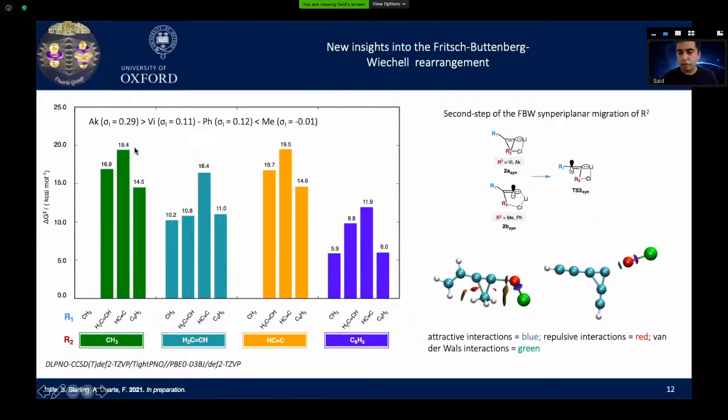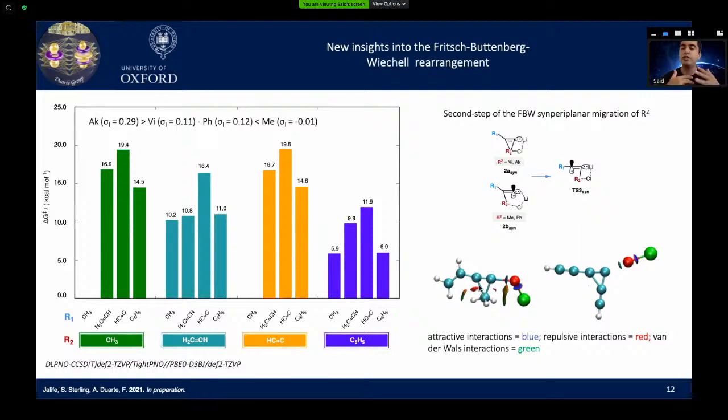But if we look at the NCI, the non-covalent interaction, we can actually see that in this step, in some cases, the methyl group is not fully migrated, and due to the hybridization of the beta carbon, the migrating group tends to linearize.